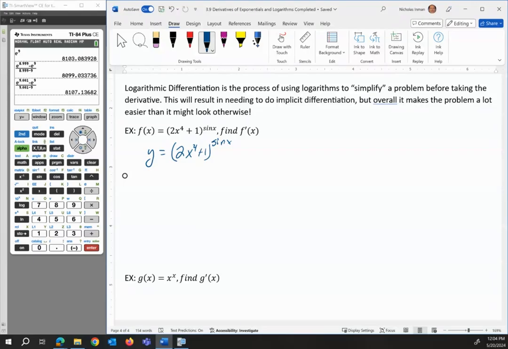Natural log's the best choice. So the natural log of y equals the natural log of this function. Now, the reason we do this is that, what was the rule about natural logs and exponents inside of them? Well, they move to the front.